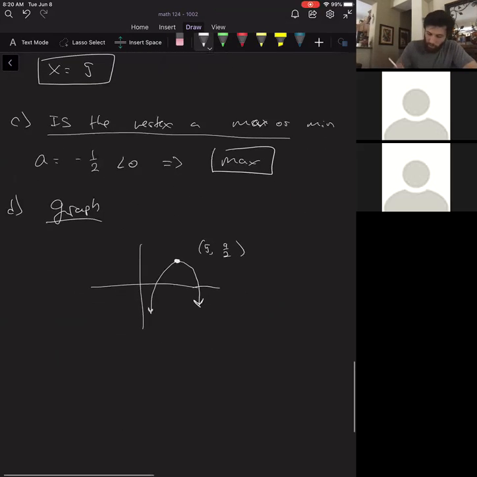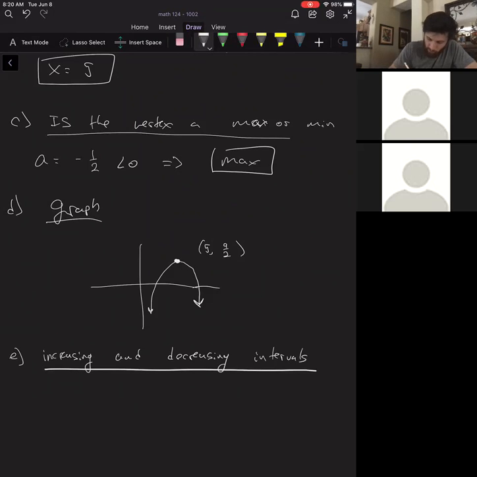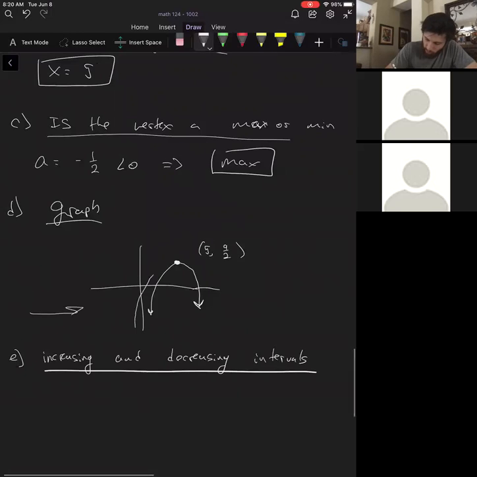And then the last bit, let's do the increasing and decreasing. So the intervals for increasing, decreasing. Remember, we look from left to right, so we're looking in this direction. So the graph's moving up, moving up, moving up, and it stops.